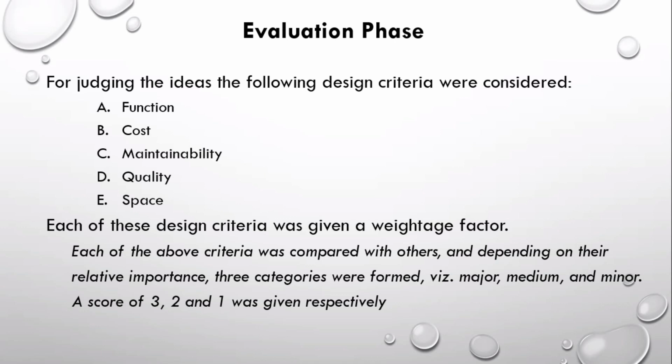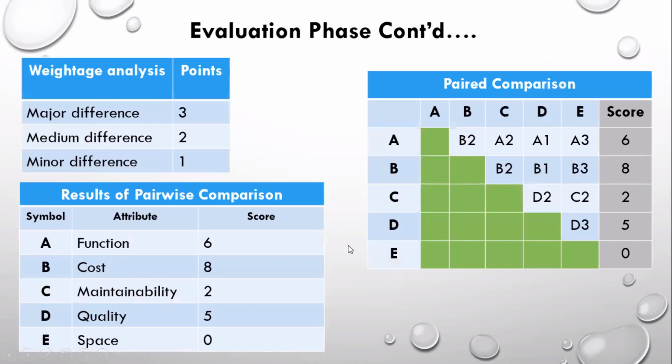Each of the above criteria was compared with the others, and depending on their relative importance, 3 categories were formed: major, medium, minor. A score of 3, 2, 1 was given, so major 3, medium 2, minor 1.